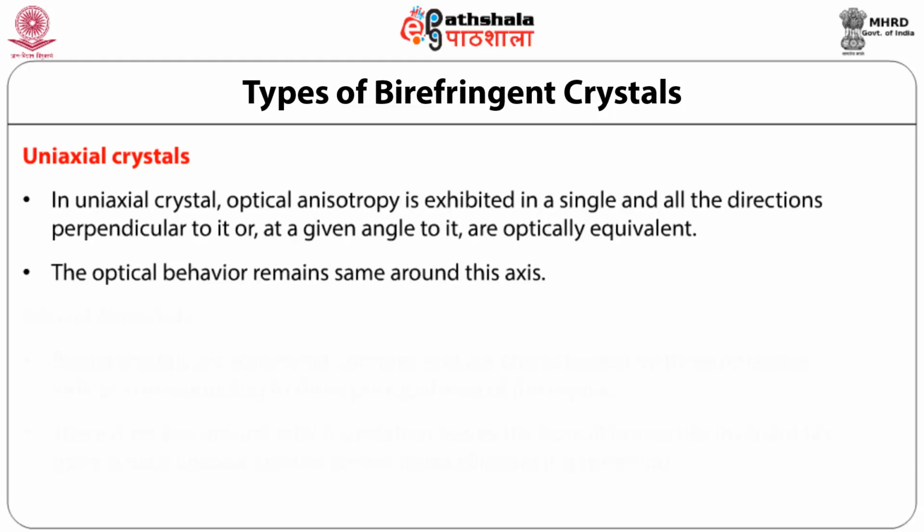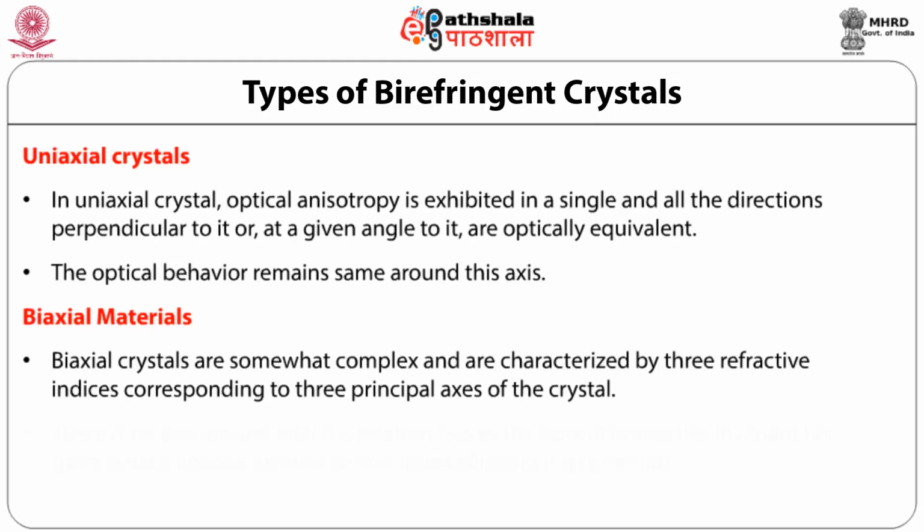The second type is biaxial materials. Biaxial crystals are somewhat complex and are characterized by three refractive indices corresponding to three principal axes of the crystal. For most ray directions, both polarizations would be classified as extraordinary rays but with different effective refractive indices.